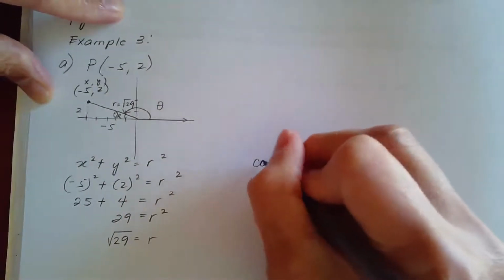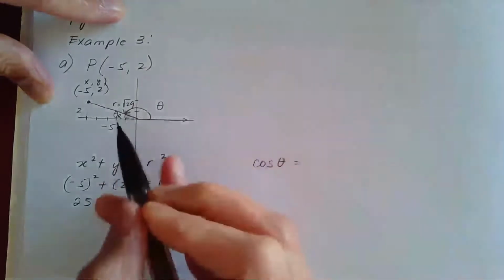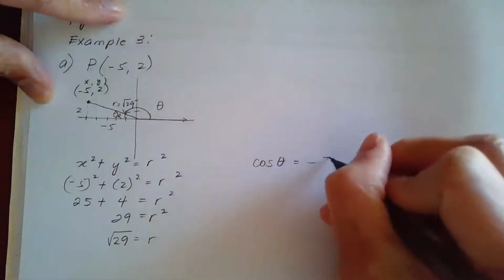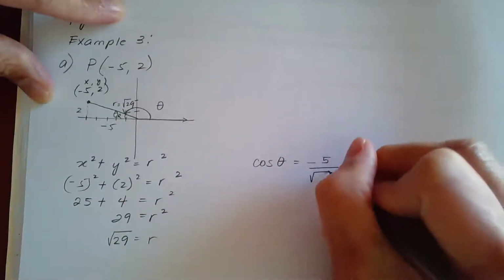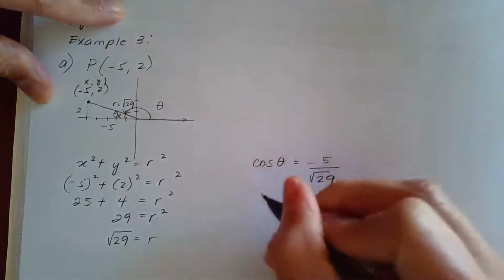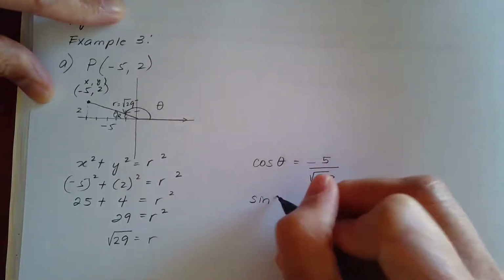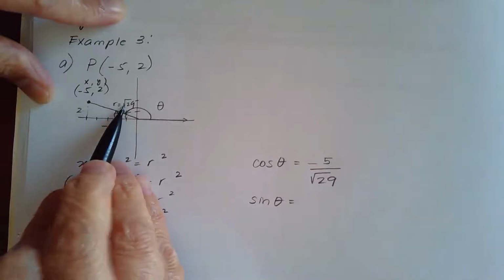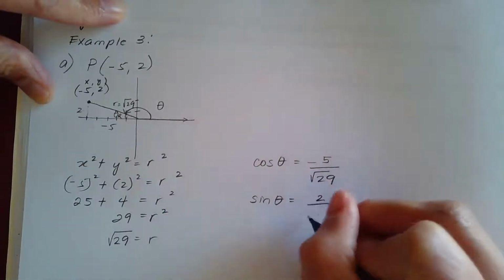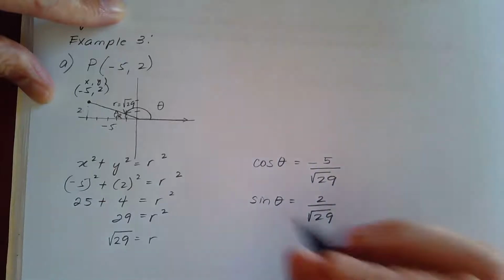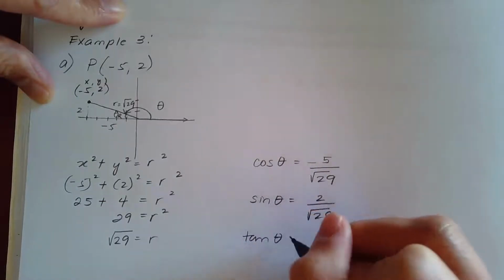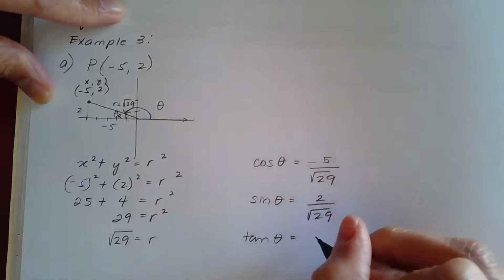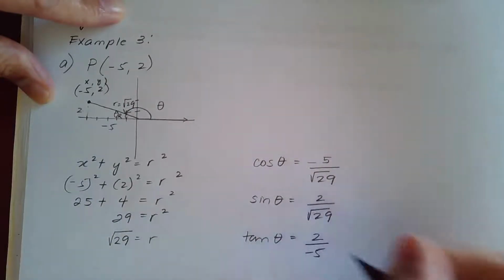So cosine of theta would be adjacent over hypotenuse. That's going to be negative 5 over root of 29. Sine theta is opposite over hypotenuse. So it's going to be 2 over root of 29. And then tangent of theta is opposite over adjacent. So it's going to be 2 over negative 5.